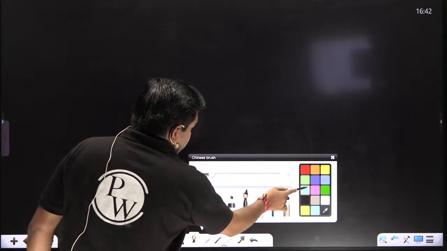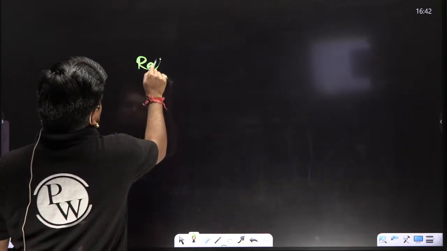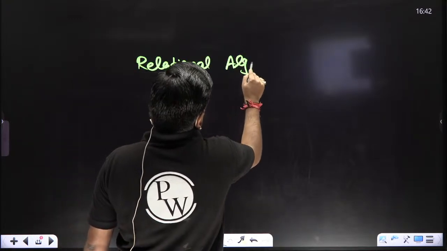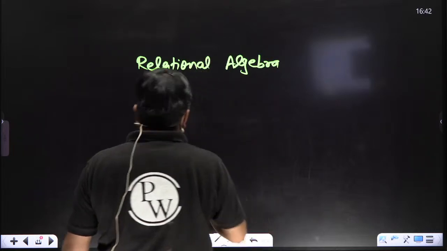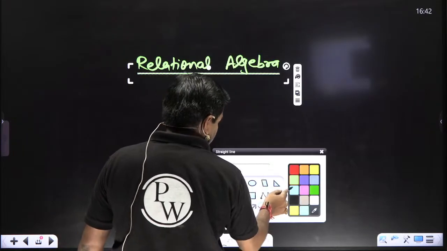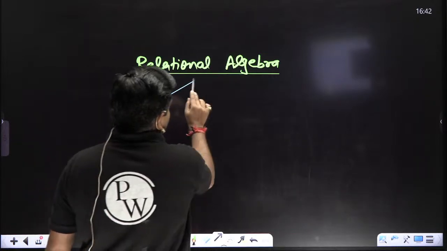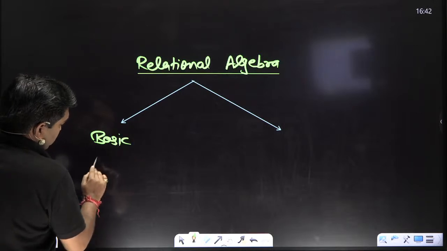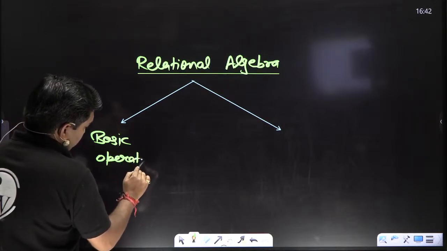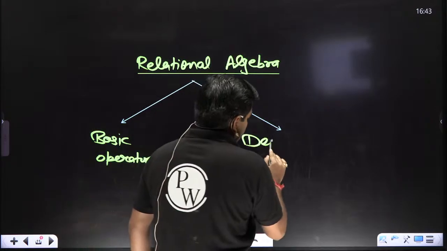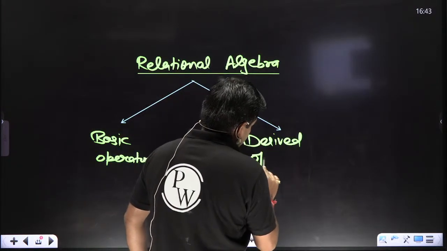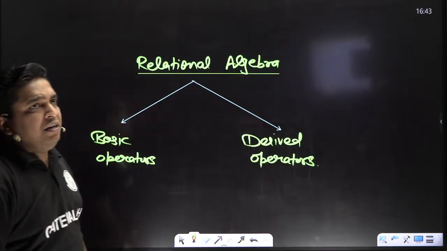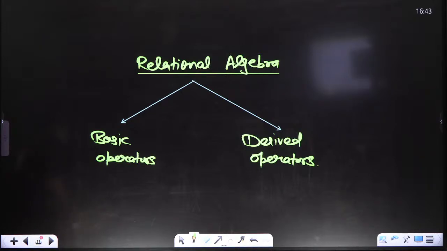In relational algebra, there are two categories of operators: basic operators, and second, derived operators.